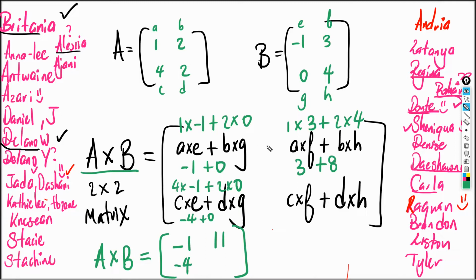And in the last place now, it's going to be C, which is 4, times F, which is 3, 4 times 3, plus D, which is 2, times H, which is 4, so 2 times 4. And this is going to give us 12 plus 8. And the answer for that is 20. And this is the answer, guys. So A times B is -1, 11, 4, 20. Make sense, everybody?